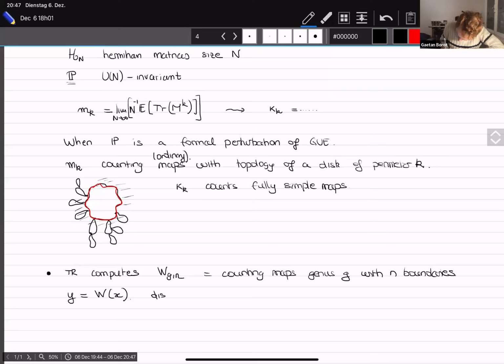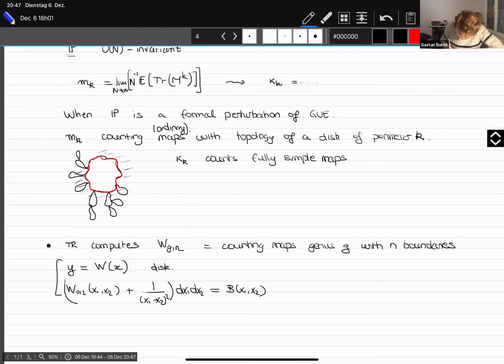And then you also need an input, which is omega 0,2, which you slightly shift to form an object called the Bergman kernel. And as analytic continuation on the spectral curve, you take the function x, then you express y in terms of x, and you apply B and you apply TR, and you obtain the omega g,n.